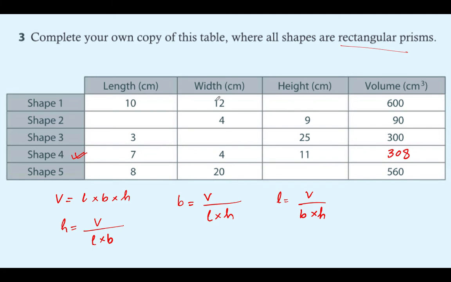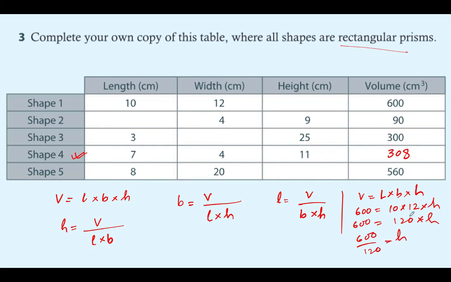Let's do it here. We know the volume and we have the length and width. Alternatively you can just write the formula of volume, that is V equals length into breadth into height, and just substitute the values you already know. 600 equals 10 into 12 into h, and then you multiply these two, you get 120 times h, and 600 divided by 120 is 5.